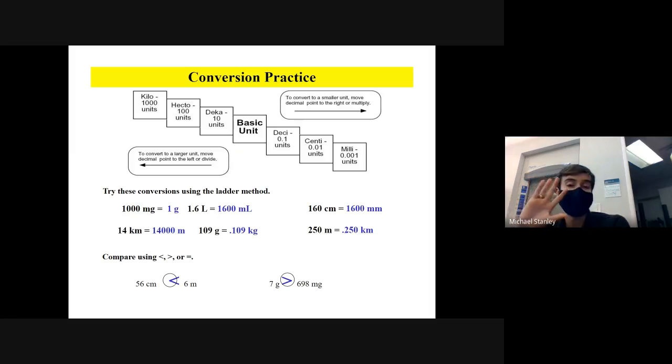All right, so hopefully those examples helped out a little bit in terms of figuring out what's going on with our ladder right here. I'll have you guys help me out with some examples here in a second. But for now, is anybody still confused? Is anybody still not really sure how this ladder method conversion works?